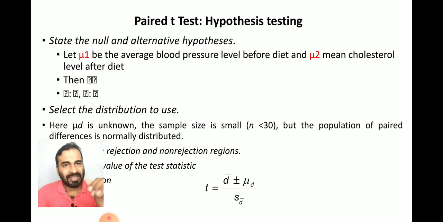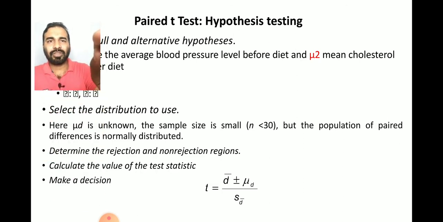It means that there is a difference in the mean blood pressure level after this diet. The null hypothesis is that there is no such difference; the alternative is that there is a difference. So this would be our null and alternative hypothesis. Clear? Yes.